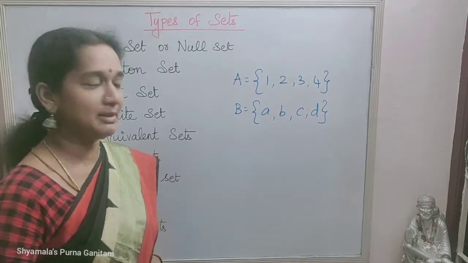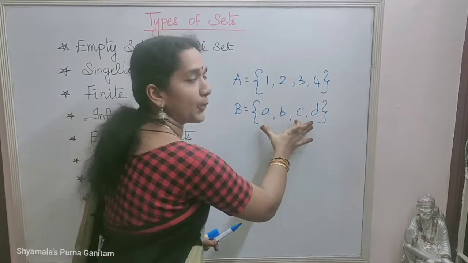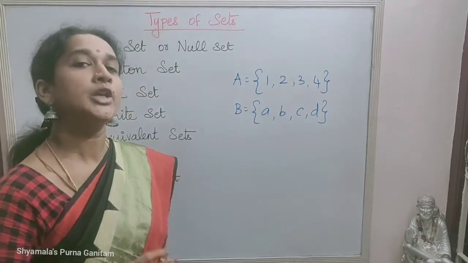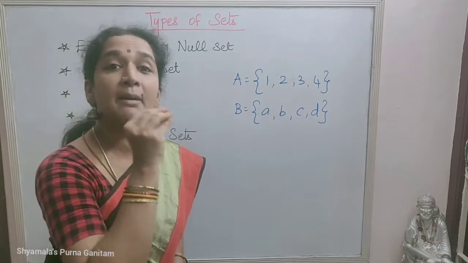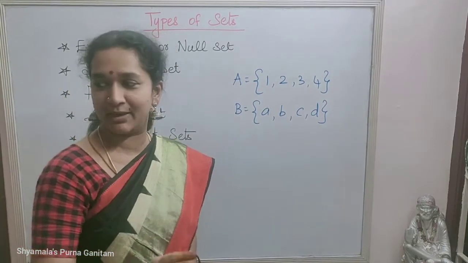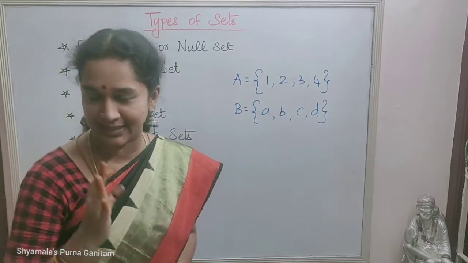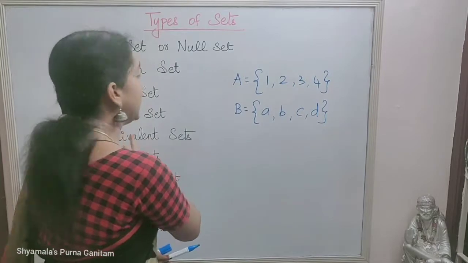So here you have 4 elements in set A and 4 elements in set B. If you have the same number of elements in these two sets, they are called equivalent sets.